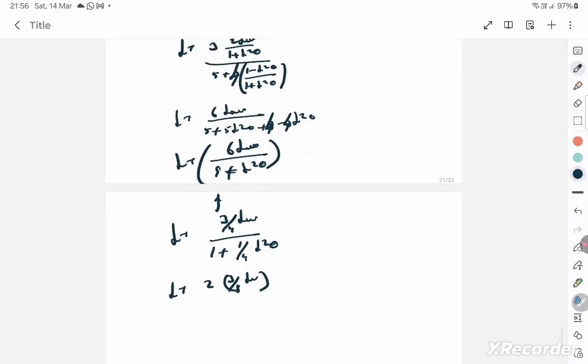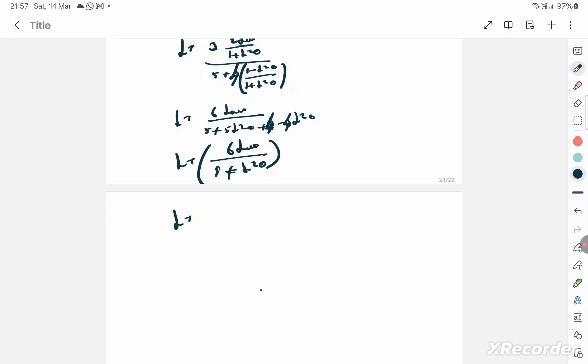And then you can always write this as tan inverse of 2 tan theta by 9 plus tan square theta.